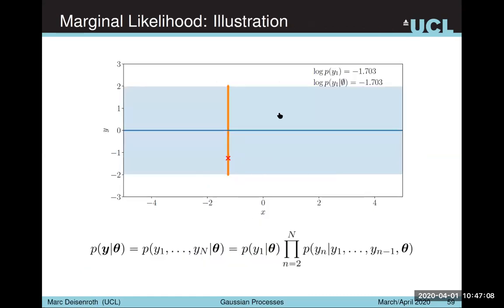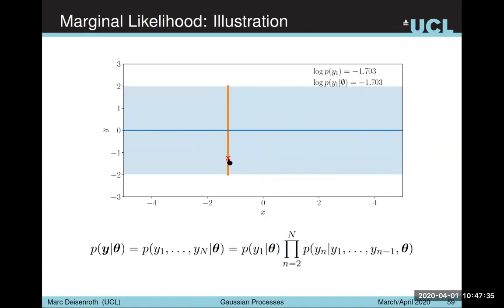I want to show you an example of how this works. Again, we have this factorization of the marginal likelihood down here. What I'm going to show you is a GP conditioned on the training data that we have already observed, with fixed length scale and fixed hyperparameters.